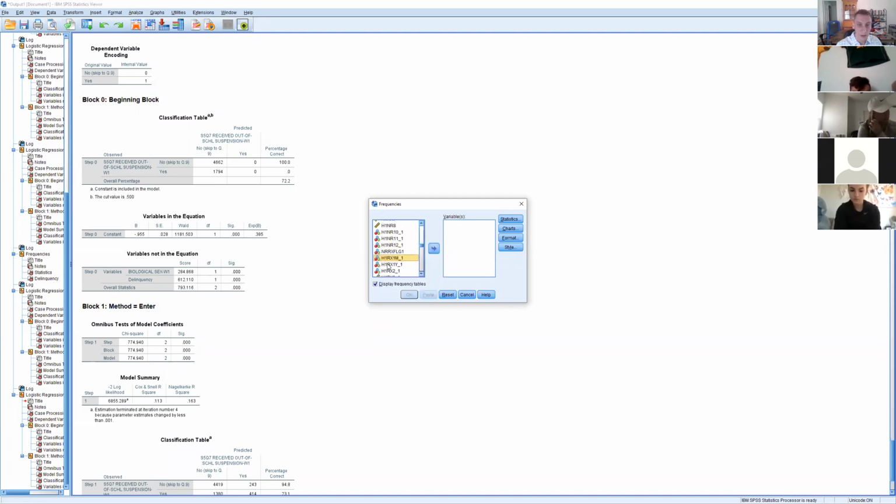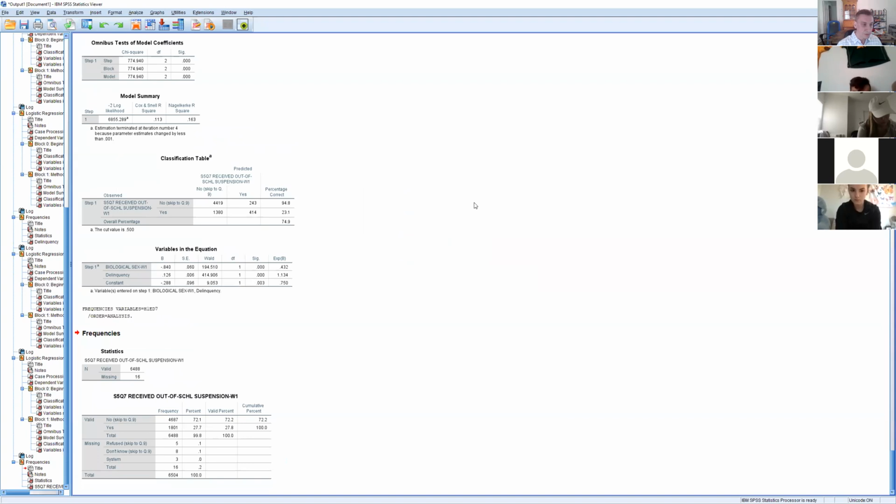Display variable names, sort alphabetically. We're looking at H1ED7. Okay, yeah, H1ED7. So this is just a frequency table. It's always good, remember, to run your variables in the frequency tables before you do anything else.